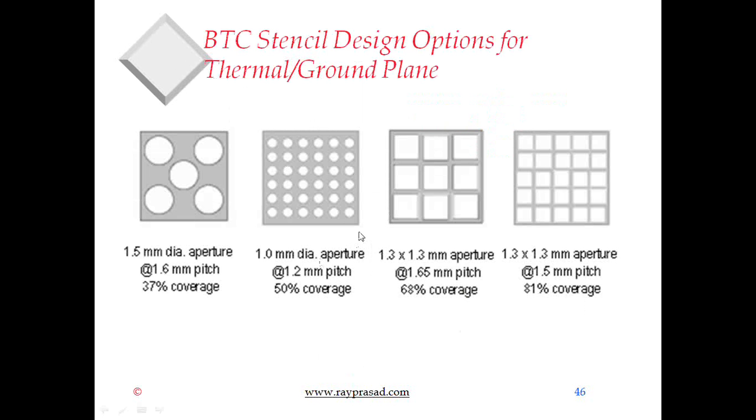So the stencil design could be any of these things here, and we'll talk more next week. You can have a circular. Basically, wherever the white area is, that's where you are printing. Where the dark or gray is, you are not printing the paste. And these are examples of something like 37% coverage all the way to 80%.